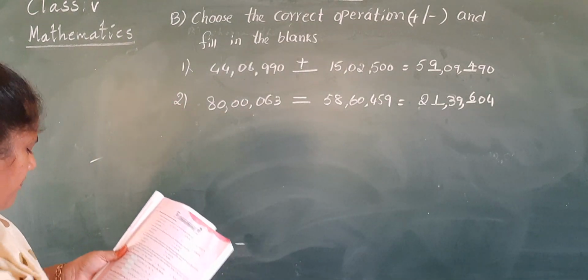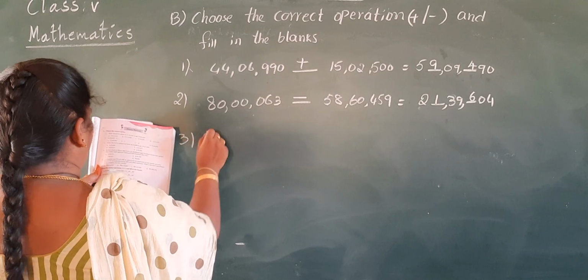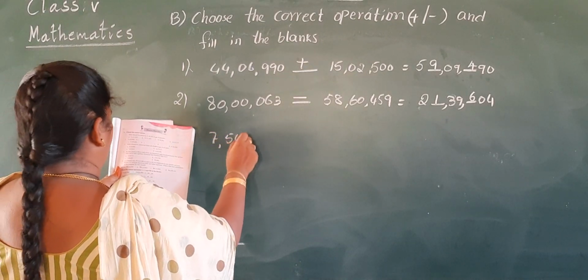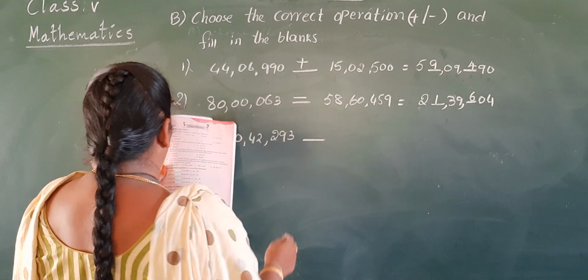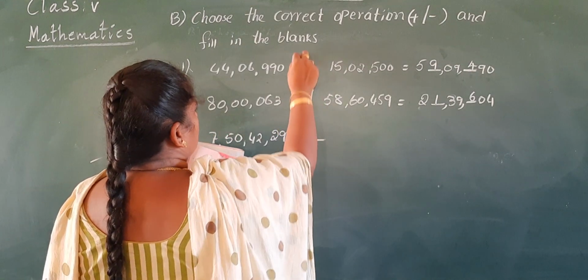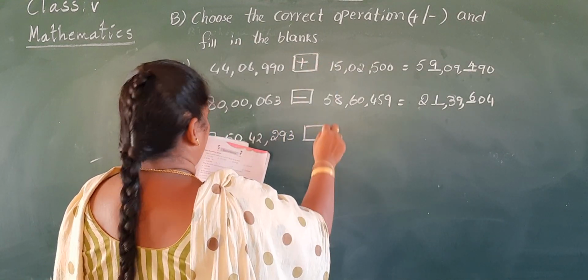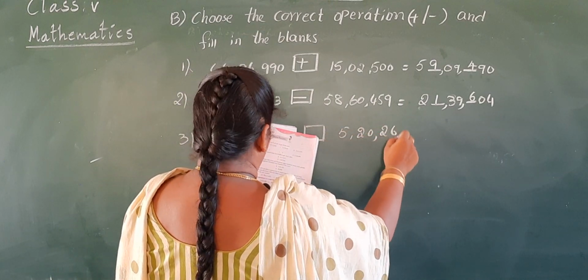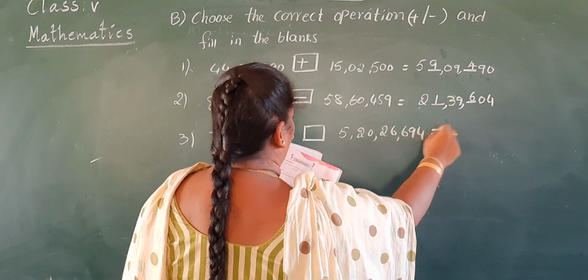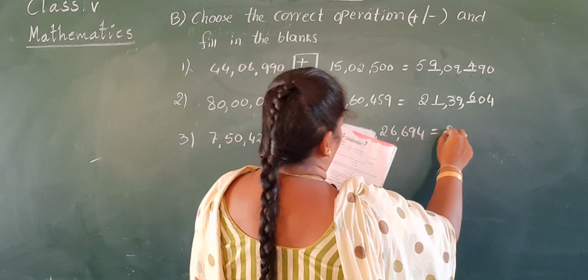Now third one. 7 crore 50 lakh 42,293. Here I will keep a box. 5 crore 20 lakh 26,694 equal to.